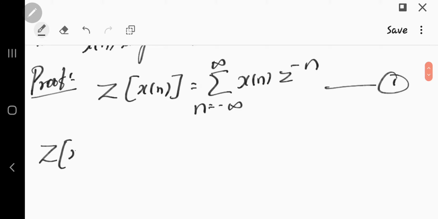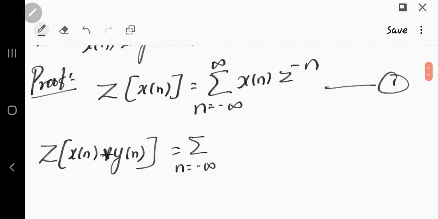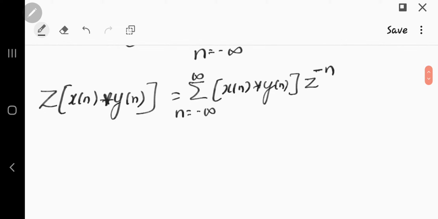So Z transform of x of n convolved with y of n is equal to summation x of n convolved with y of n z to the power of minus n.